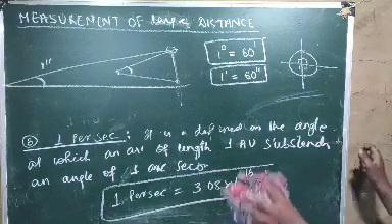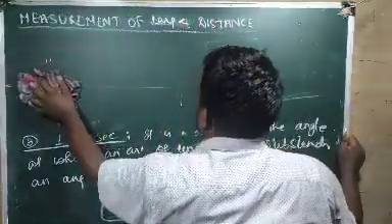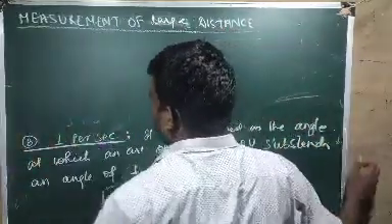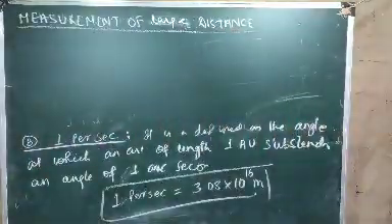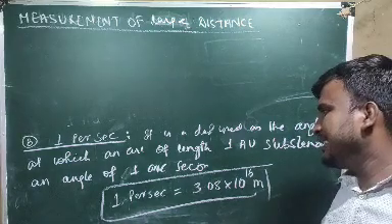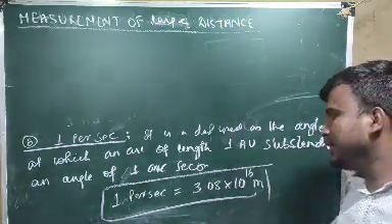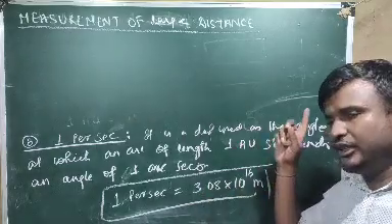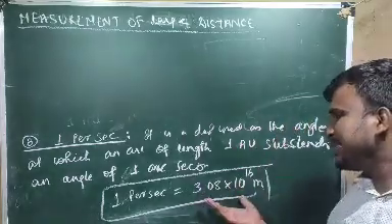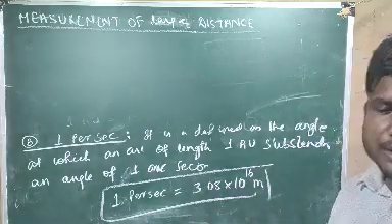In 1 light year you have seen 10 to the power 15, in 1 astronomical unit you saw 10 to the power 11, but in 1 parsec it is 10 to the power 16 meter. So what can we conclude?